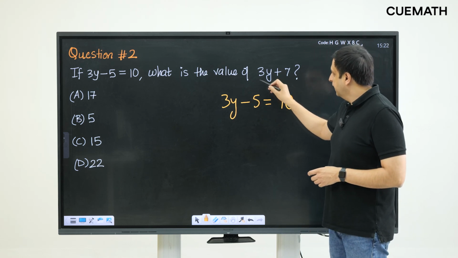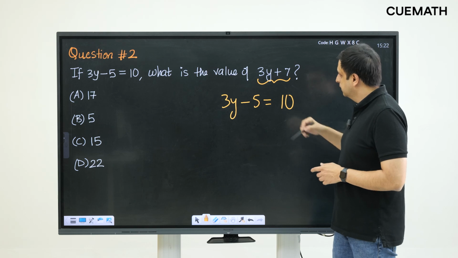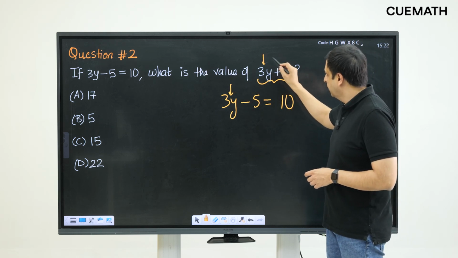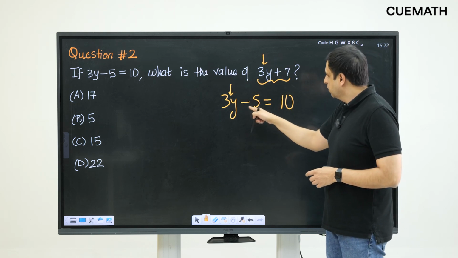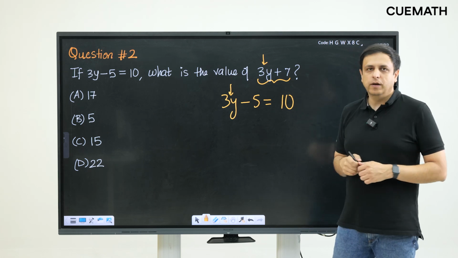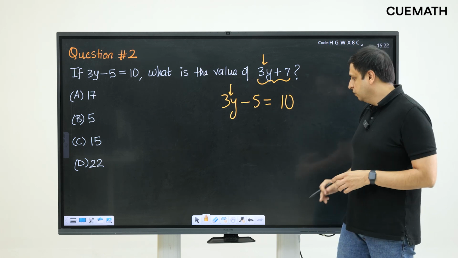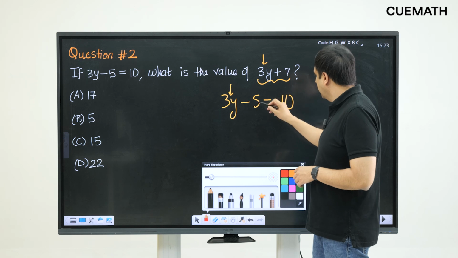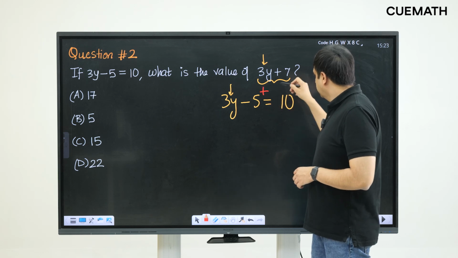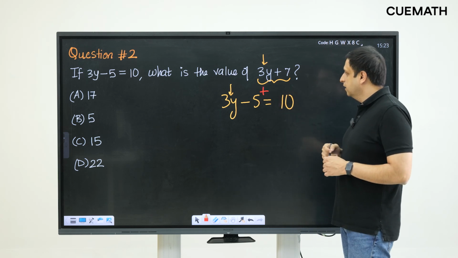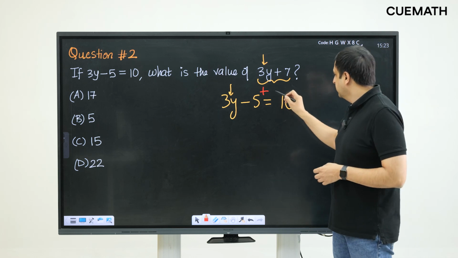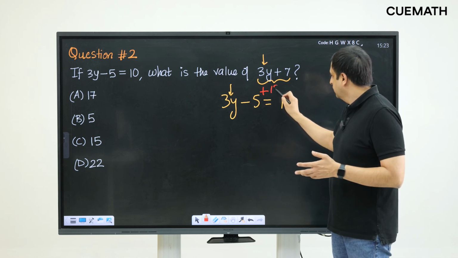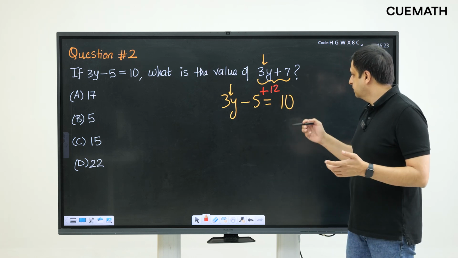And what you need to find is 3y plus 7. The 3y term is common, and you just need to convert this minus 5 to a plus 7 to get the value you desire. So all you need to do is add something that converts minus 5 to plus 7, and that something is 12, because minus 5 plus 12 is plus 7.